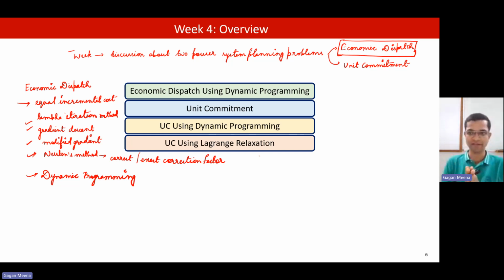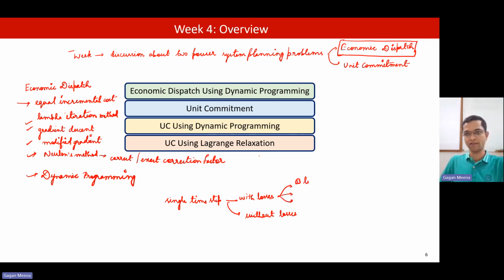These two are the simplest versions of economic dispatch we have studied in the previous classes, with and without losses, for a single time step, with network losses and without network losses. Here we saw different ways to incorporate losses. One was using the B loss matrix.